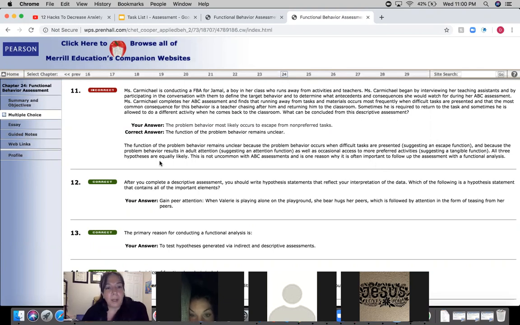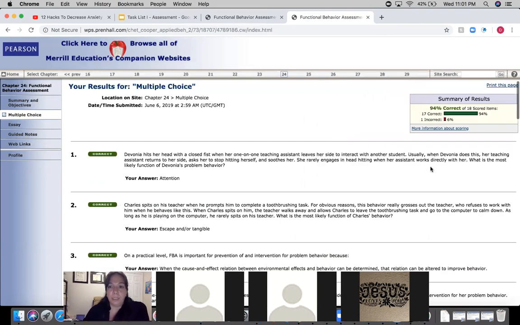And because the problem behavior results in adult attention, suggesting an attention function, as well as occasional access to more preferred activities, suggesting a tangible function, all three hypotheses are equally likely. This is not uncommon with ABC assessments, and is one reason why it is important to follow up the assessment with a functional analysis. All right, but we did pretty good, 94%.